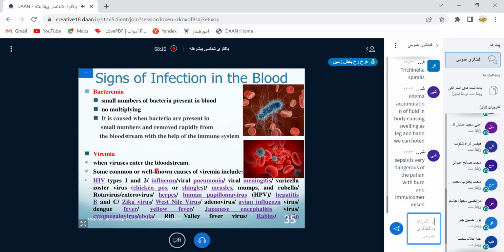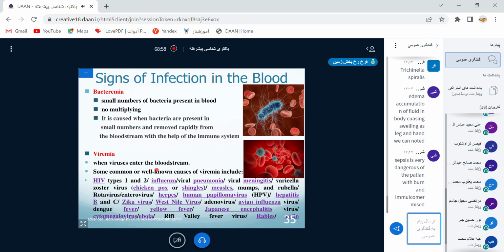If we have infections with different viruses, such as those listed here, they can come to our blood, like HIV type 1 and 2, influenza virus, viral pneumonia, viral meningitis, varicella zoster. No need to memorize all the names, but don't forget many viruses can reach the blood and can cause us problems because they can very easily go all over the blood, all over the body.